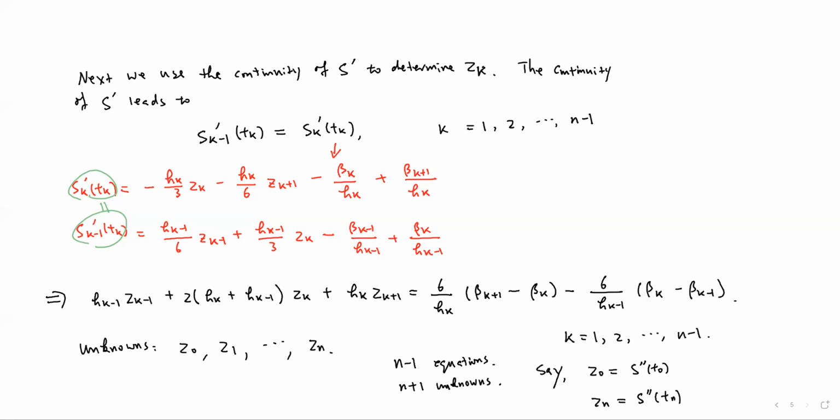According to the book, in this section we assign 0 to c0 and 0 to cn. Then n minus 1 equations can determine n minus 1 unknowns.